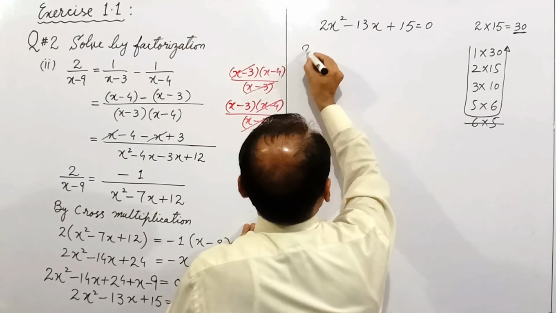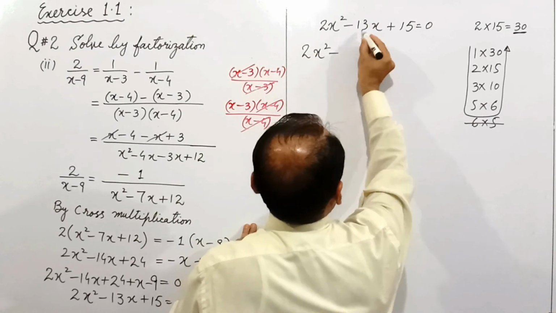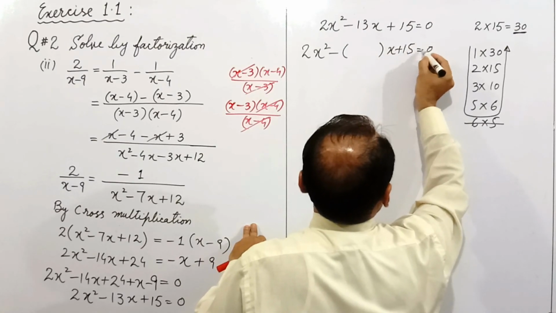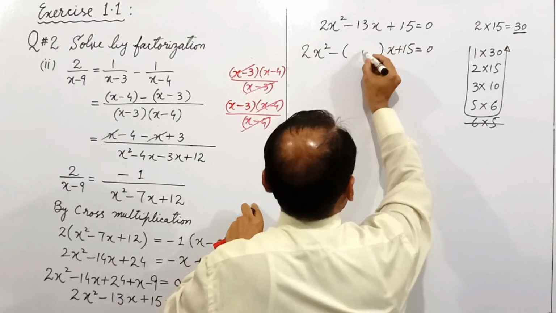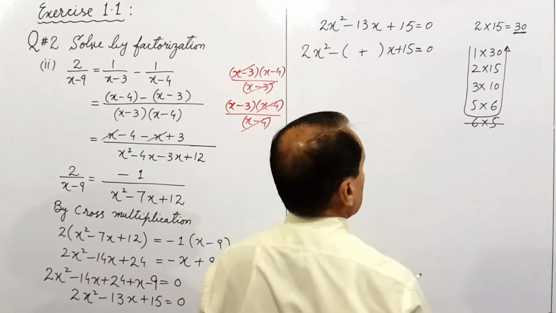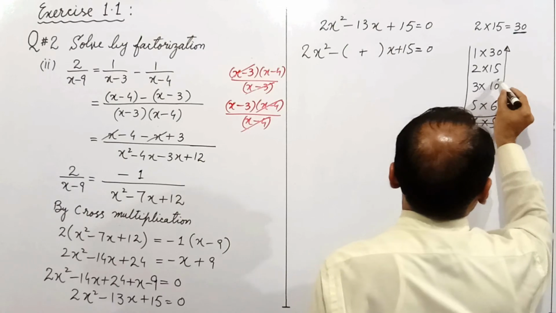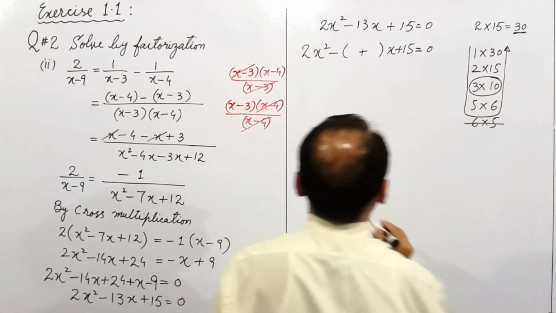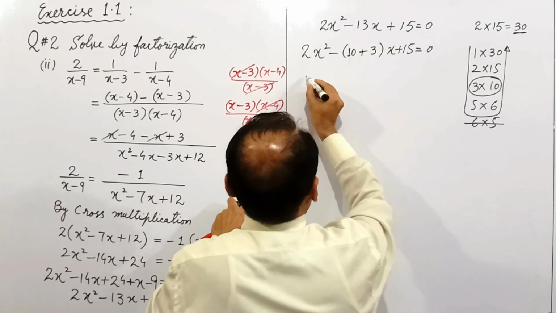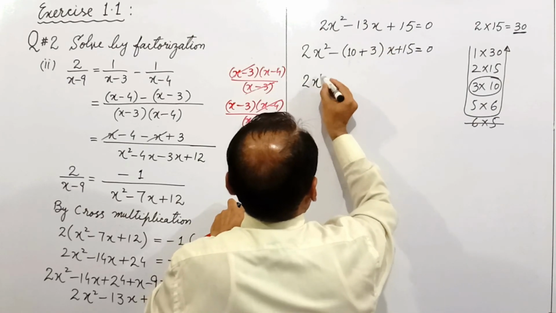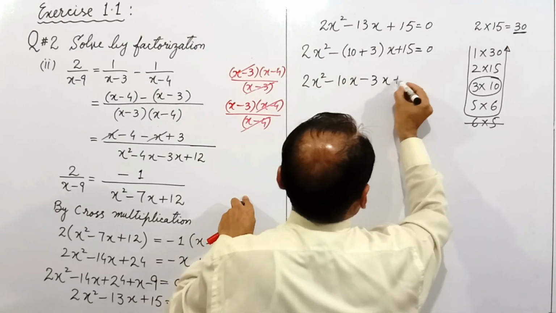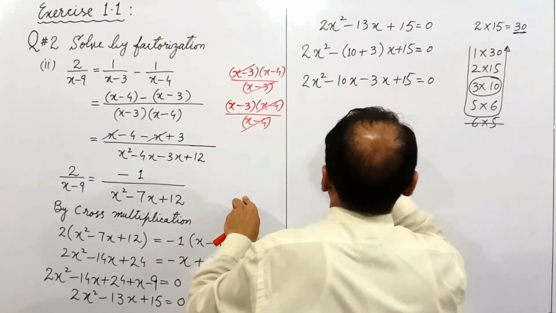And for this purpose, 2x square, in place of 13, we write bracket x plus 15 is equal to 0. Last term sign is plus, so it means we have to add the two numbers in the selected pair, and these are 3 and 10. We write 10 first and 3 as the second number. 2x square minus 10x minus 3x plus 15 is equal to 0.